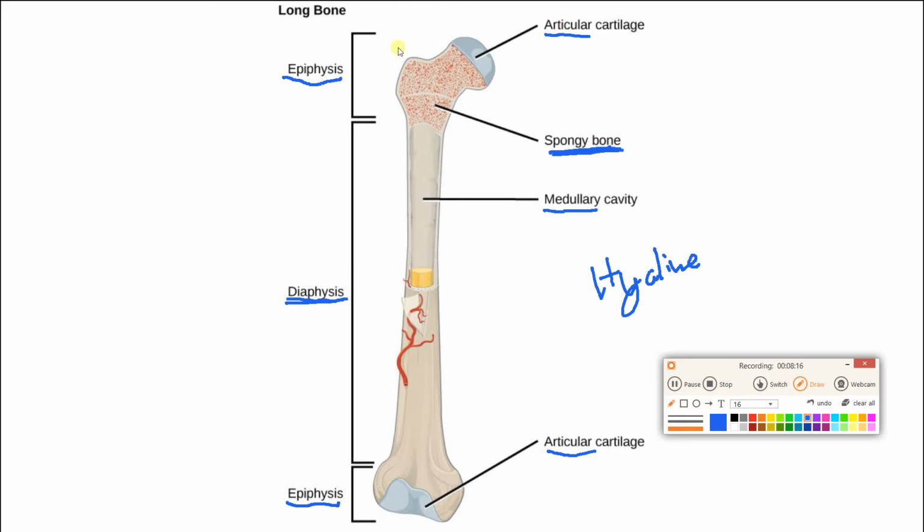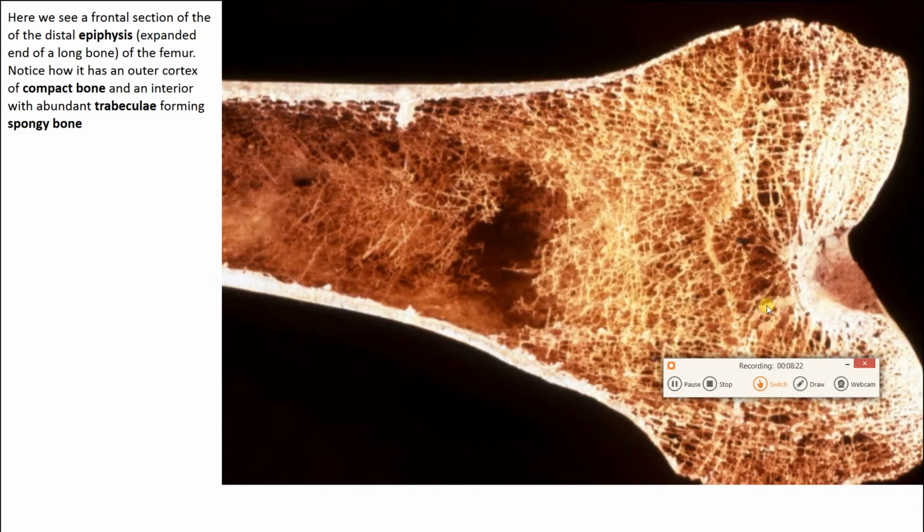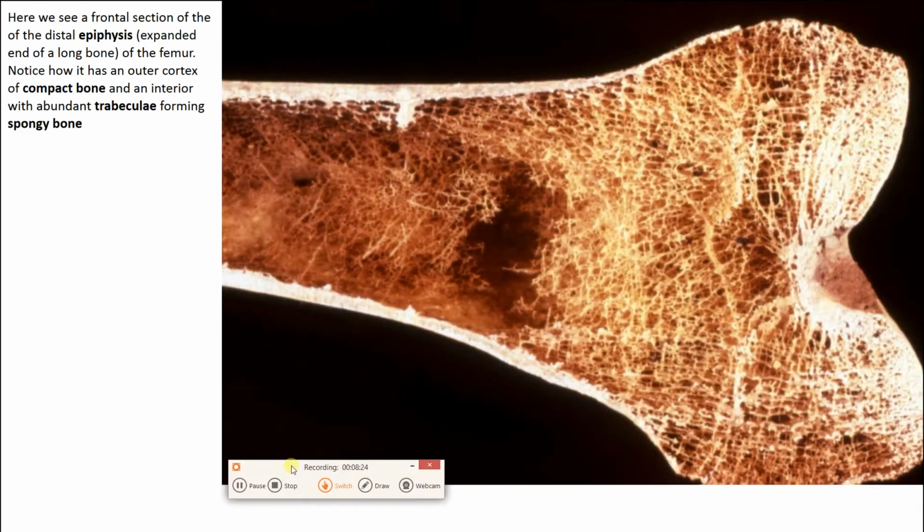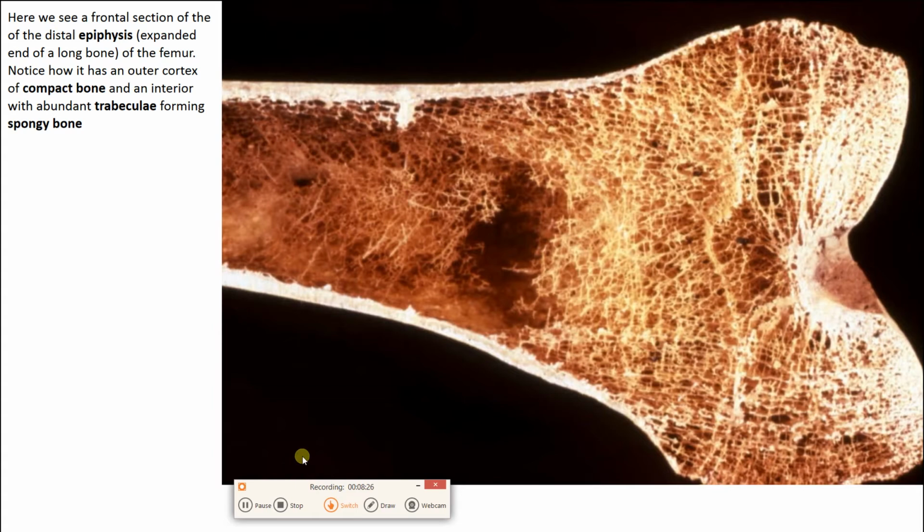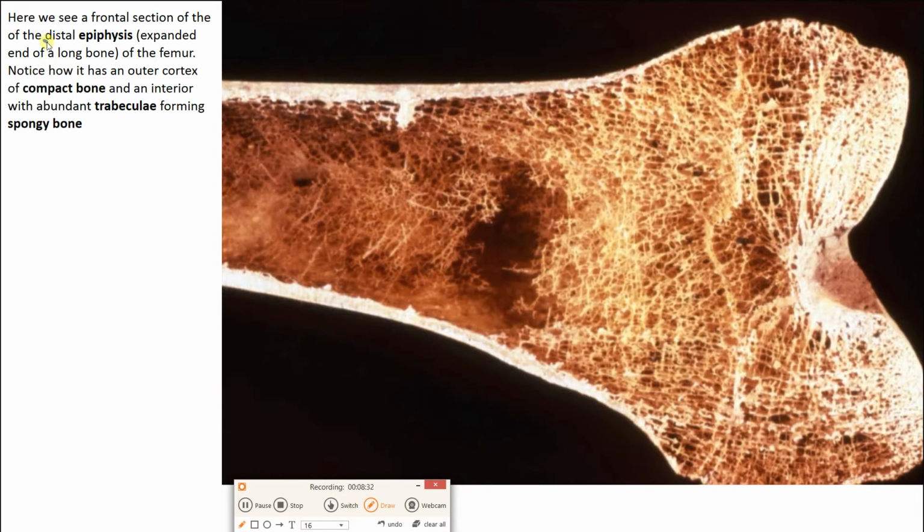All right, we're going to look in a little more detail at some of these parts. So let's go ahead and do that. All right, this is a beautiful frontal section of the femur. We have the distal epiphysis. So does that mean it's farther from the trunk or closer to the trunk? Distal, farther, right?